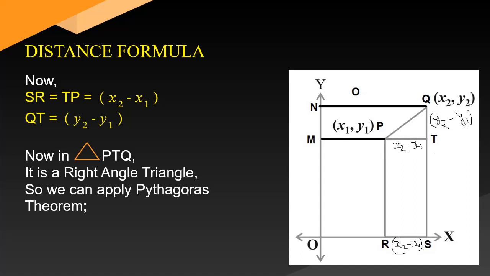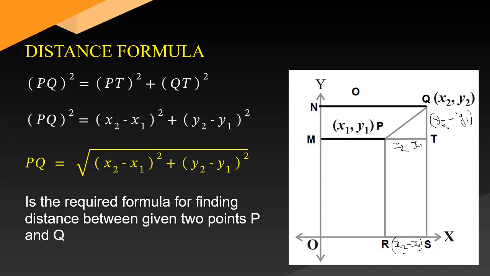Now closely observe the figure. In triangle PTQ, PTQ is a right angle triangle, isn't it? Right angled at T. So we can apply Pythagoras theorem in triangle PTQ, right? Applying Pythagoras theorem in triangle PTQ, we get PQ square equals PT square plus QT square.